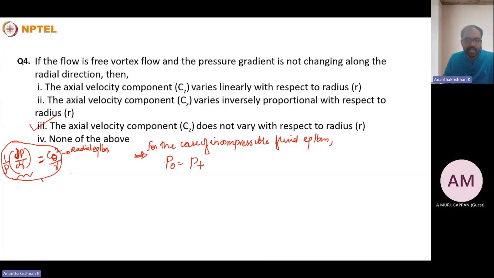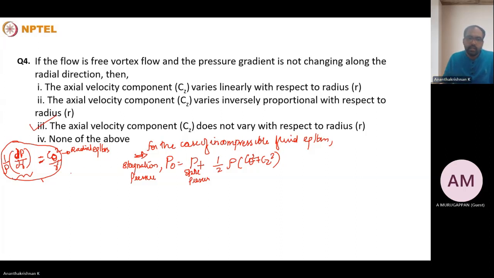So we can write the stagnation pressure P0 is equal to static pressure plus the dynamic pressure terms. Since this is radial equilibrium, we do not take the r component of the velocity.